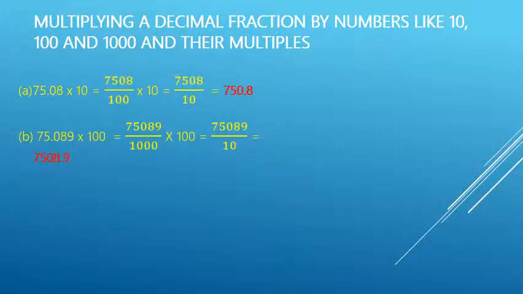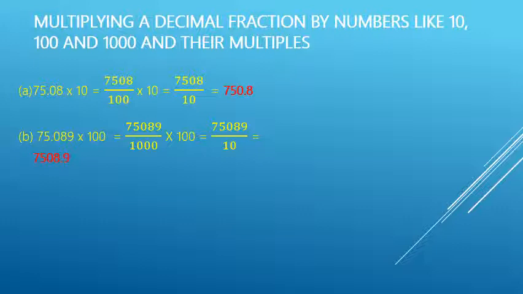In the same way, when we multiply 75.089 by 100, what do we do? Again, we write 75.089 as a common fraction, which is 75089 upon 1000. Multiply by 100, and what do we get?